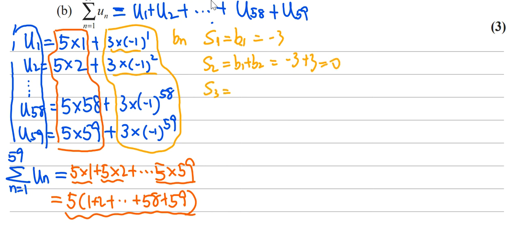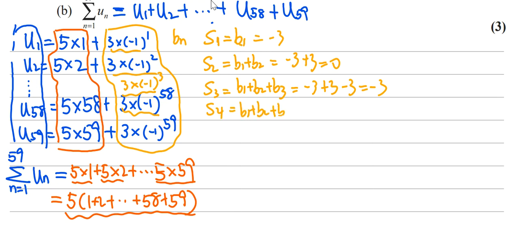Now S3 means B1 plus B2 plus B3. It is -3 plus 3, and the third term is also -3. So S3 is -3. So S4 is B1 plus B2 plus B3 plus B4: -3 plus 3 minus 3 plus 3 is 0. So what have we found out here?